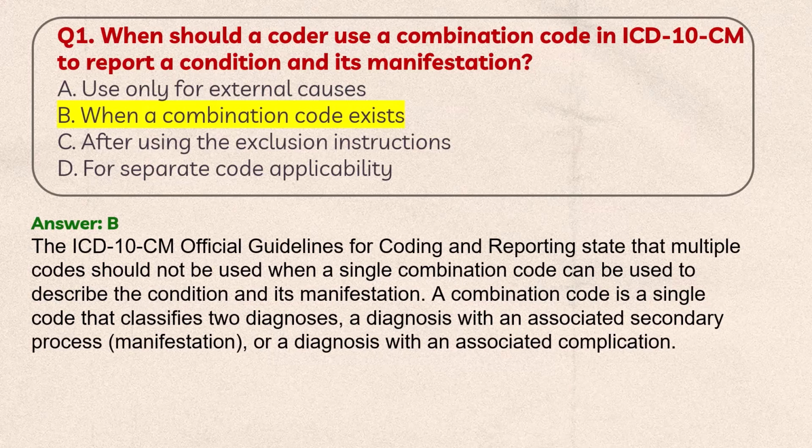The ICD-10-CM official guidelines for coding and reporting state that multiple codes should not be used when a single combination code can be used to describe a condition and its manifestation. A combination code is a single code that classifies two diagnoses: a diagnosis with an associated secondary process, that is a manifestation, or a diagnosis with an associated complication.